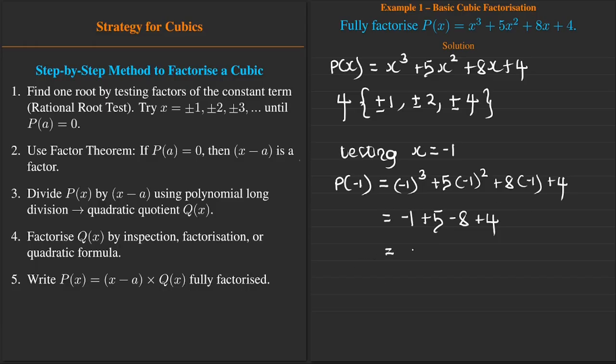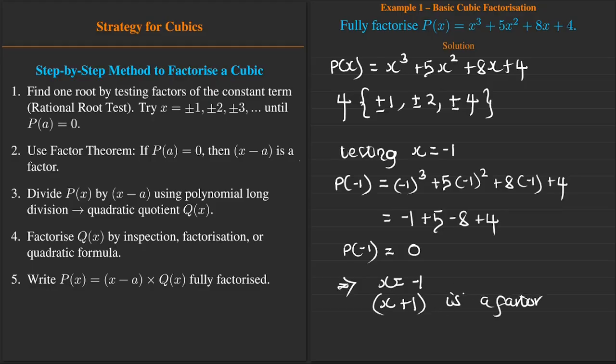So all this gives us 0. That is, p at negative 1 is 0. With the factor theorem, it implies that if x equals negative 1 gives p of negative 1 equals 0, then x plus 1 is a factor.